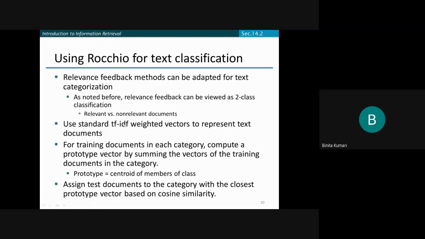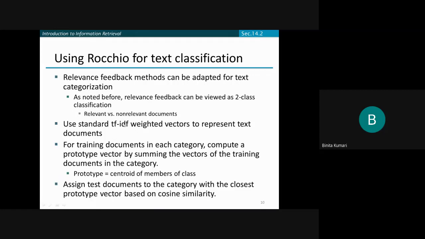So the Rocchio algorithm, which was used in relevance feedback methods, can now be used for text categorization. This can be viewed as a two-class classification, that is, relevant versus non-relevant documents.